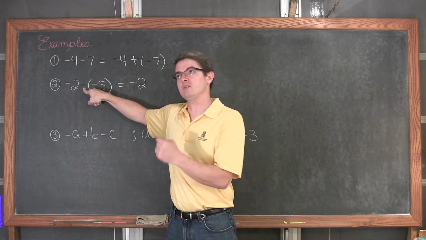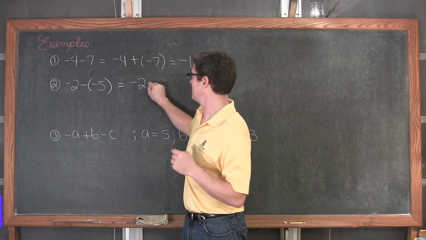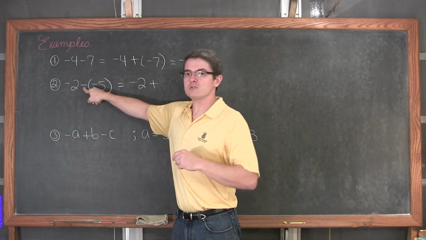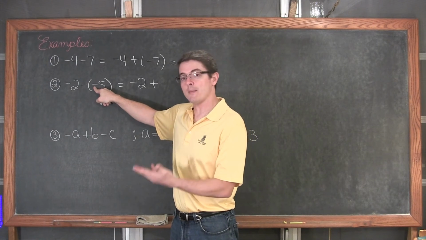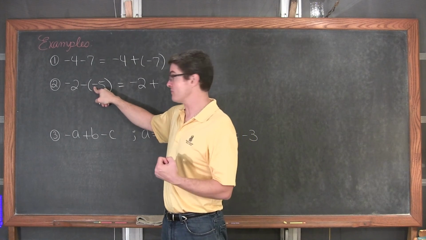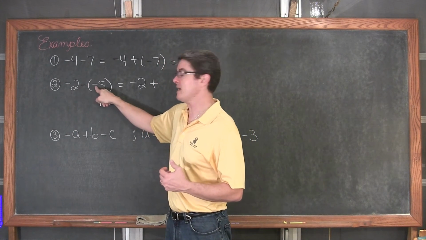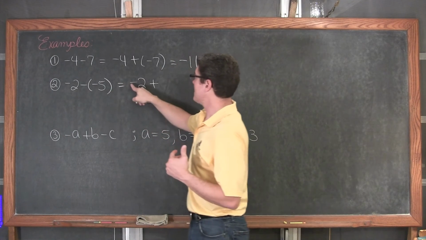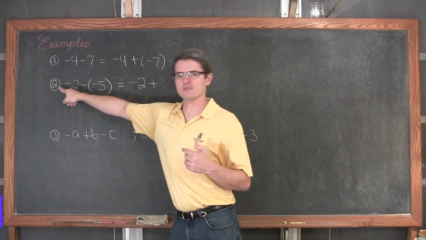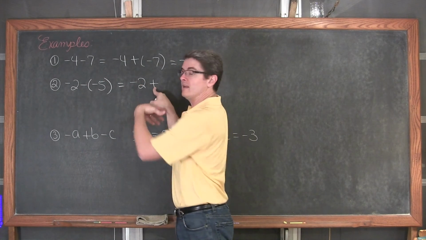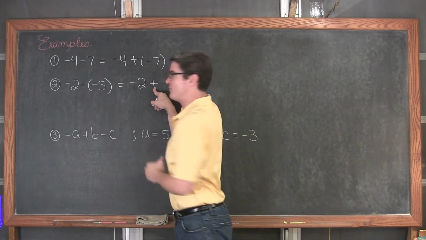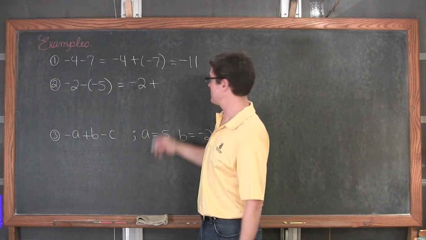If I want to change subtraction to addition, then I want to add the opposite of that value. Well, the opposite of -5 is +5. So -2 minus -5 is the same as -2, changing the subtraction to addition, and add the opposite of that value. Well, the opposite of -5 is +5.